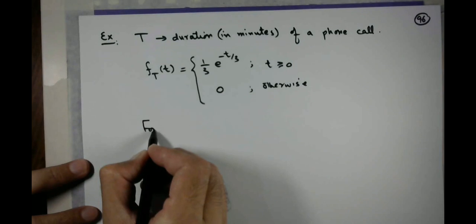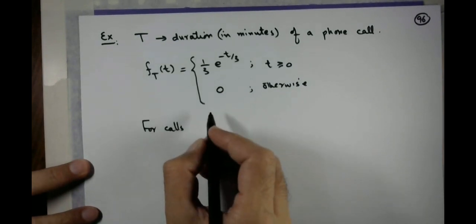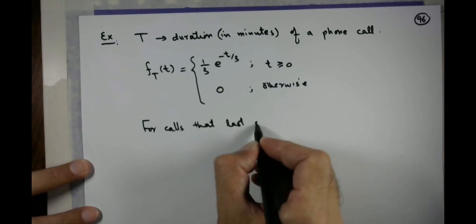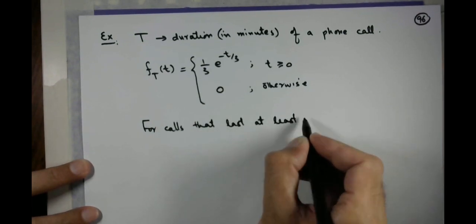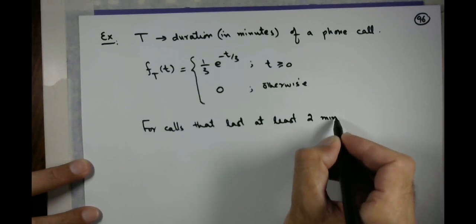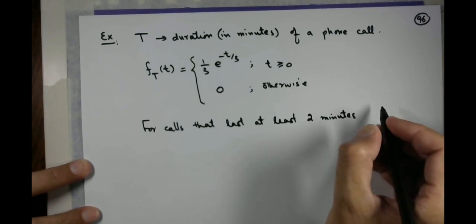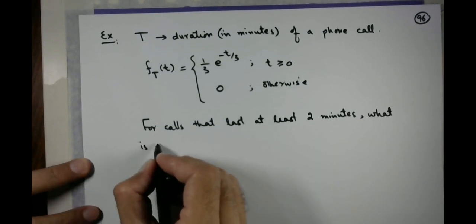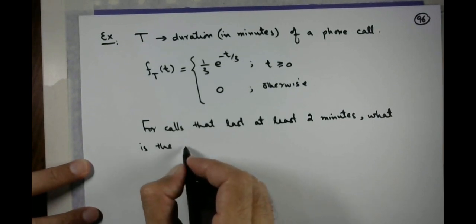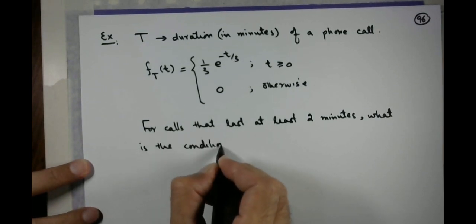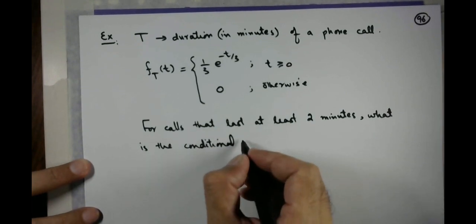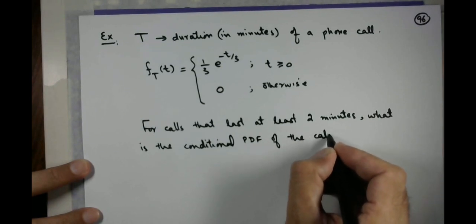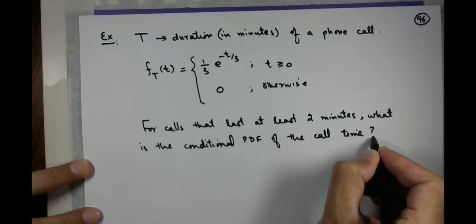For calls that last at least 2 minutes, what is the conditional PDF of the call time?